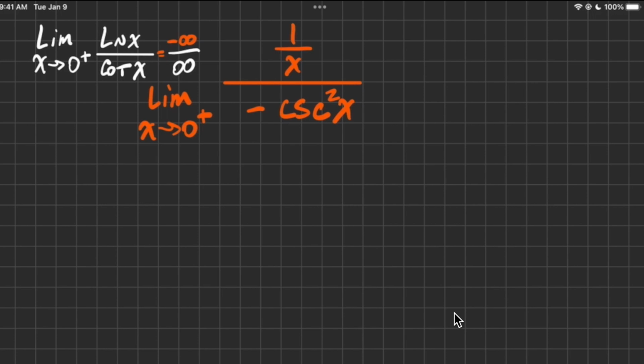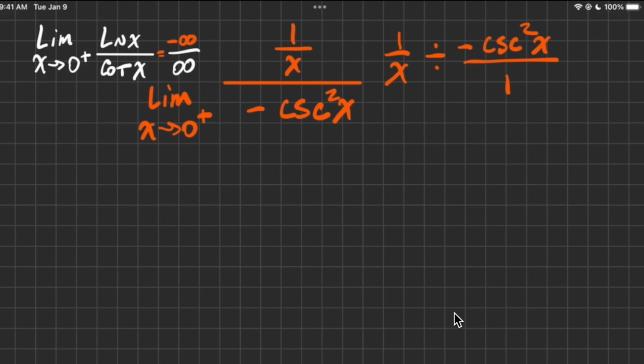Okay, we're going to go ahead and simplify this a little bit. So we're going to have 1 over x divided by negative cosecant squared x over 1. Now, cosecant squared x is the inverse of sine squared x.